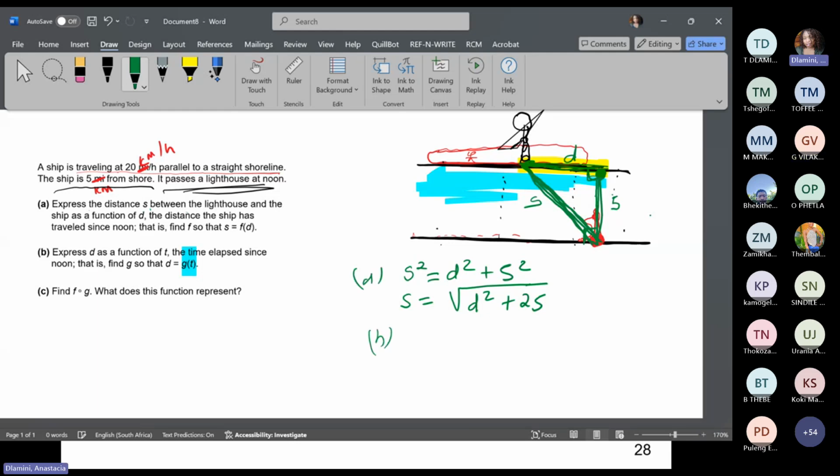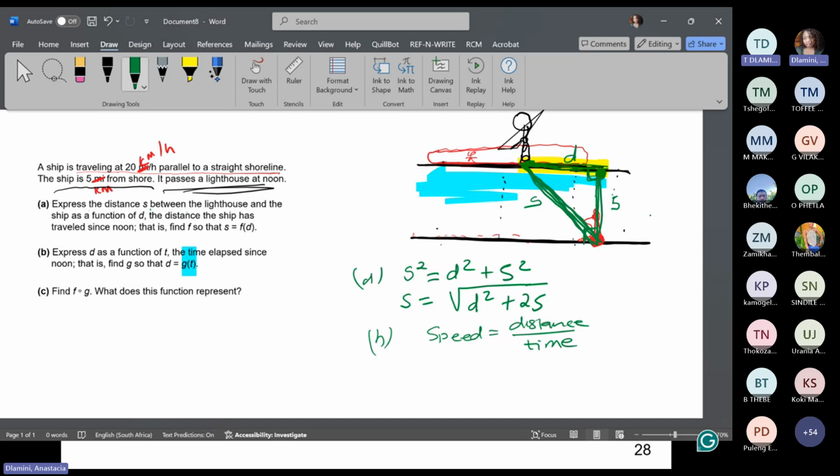What do you know about the speed? Speed is equal to distance over time.